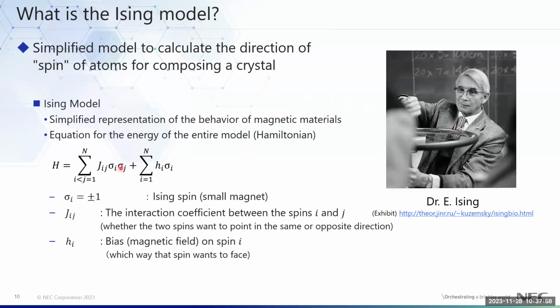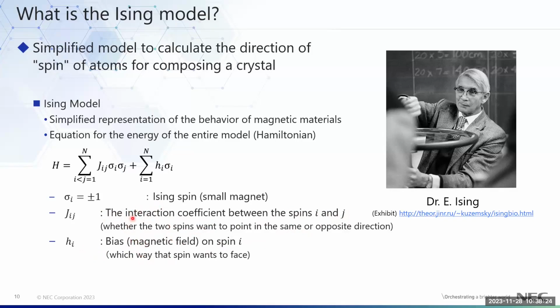And this is the energy, the equation of energy of the entire model. In this, the sigma represents Ising spin, the J represents the interaction coefficient between spins i and j, which means whether the two spins want to point in the same direction or opposite direction. And h is the bias or the magnetic field on the specific spin.